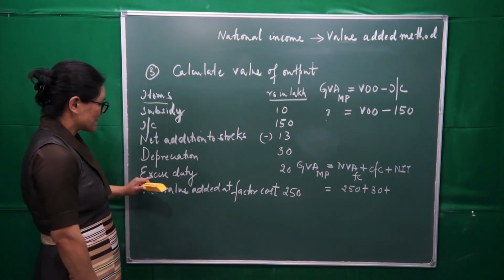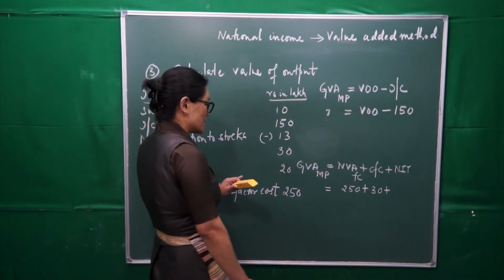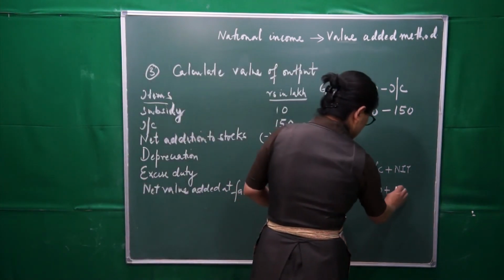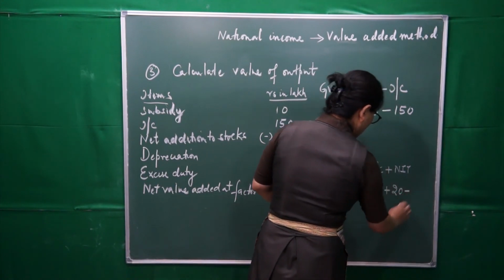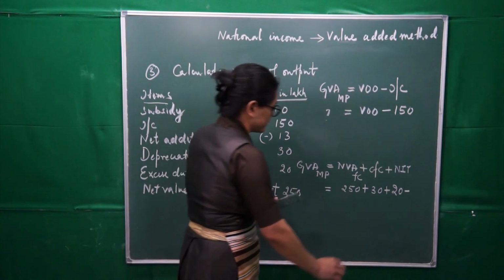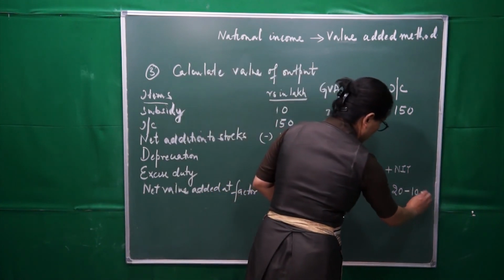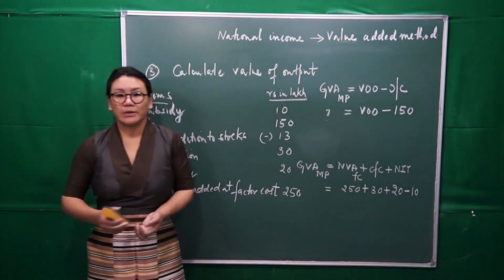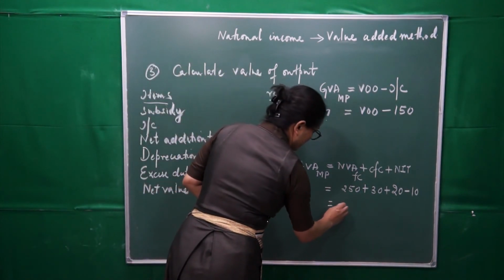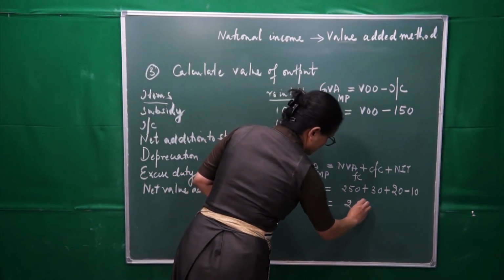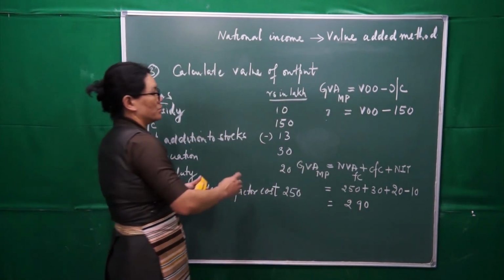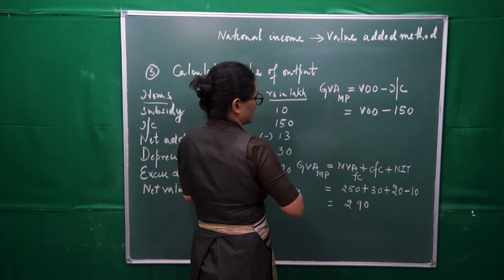Excise duty is an example of indirect tax. Here it is given as 20, and then minus subsidy. Subsidy is given as 10. So it's very easy to compute this. We will get 290.